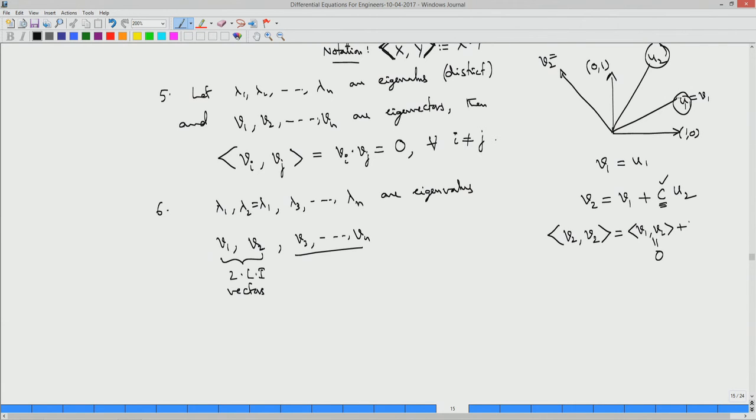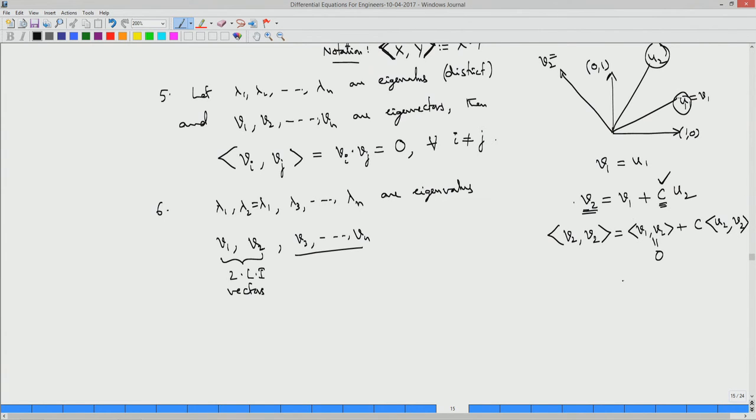Let us say V2 is some vector which is already orthogonal to V1. If I want such a V2, what is my C? That is the point. I choose V2 as V1 plus C times U2, and then take the dot product so that this is 0.